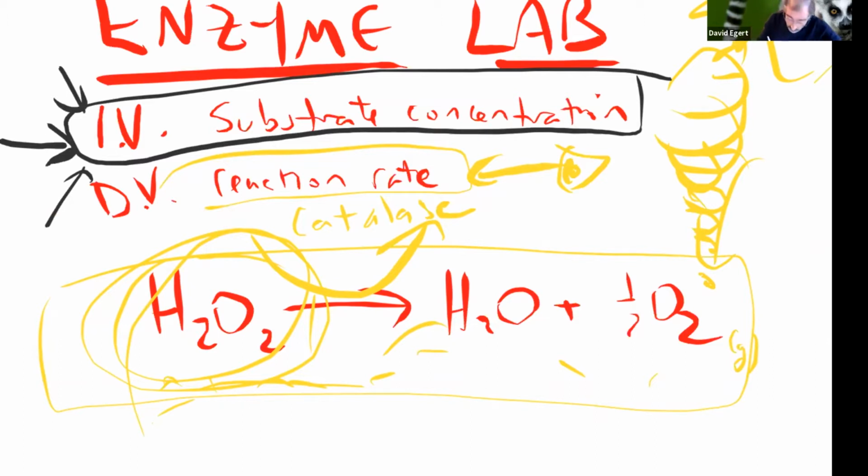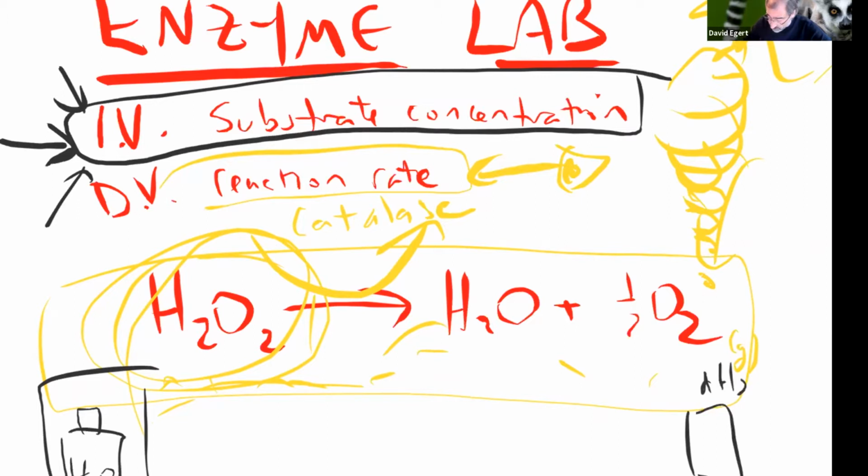In our experiment, we're going to have our stock solution of hydrogen peroxide, which is actually a 3% solution. That's the stuff that you buy in the drugstore. It's not pure, but pure stock solution. On the other side, we'll have just distilled water.